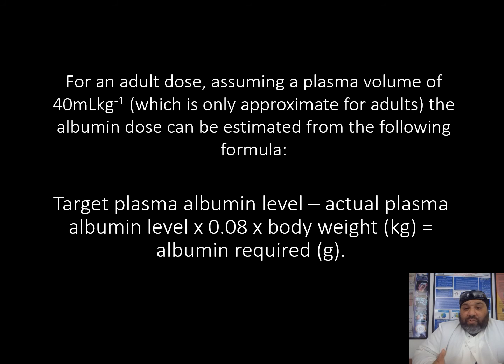So for an adult, assuming a plasma volume of 40 mils per kilogram, which is an approximation for adults, the albumin dose can be estimated from the following formula. So this is a typical example. The target plasma albumin level minus the actual plasma albumin level, multiplied by 0.08 and times the body weight in kilograms, equals the actual albumin required in grams.